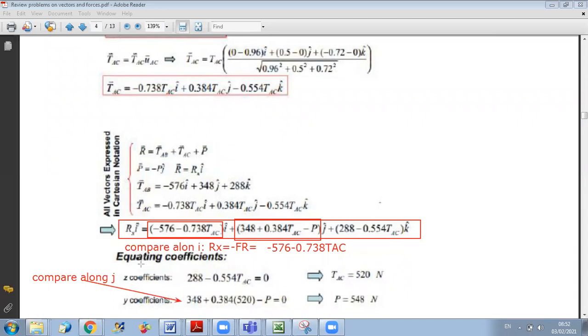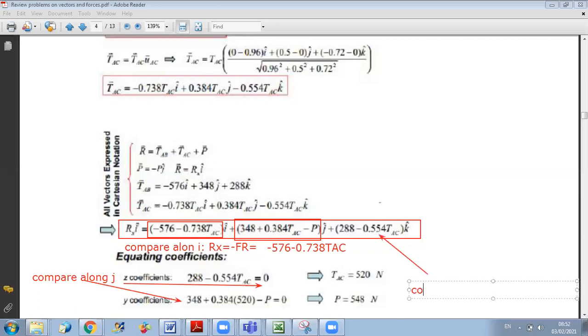This is why I started with the comparison along K, because it will give you TAC directly. You can see it from the equation, because look, in the Y component you have two unknowns, TAC and P, while in the K component you just have the unknown TAC. So the best idea is to start from here.